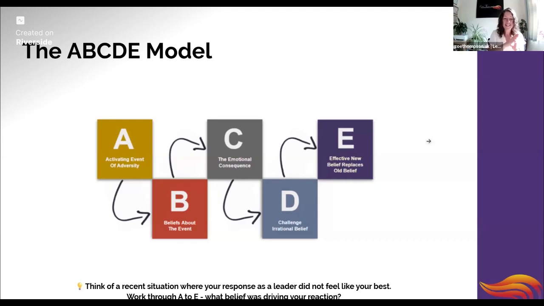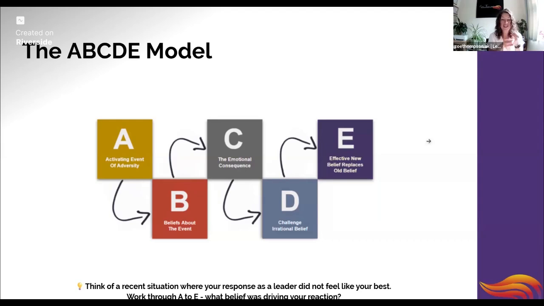You may need to rewind and watch this bit back again. We'll add in an additional workshop for those who want to explore this further. It may help you to think of a recent situation where your response as a leader didn't quite feel like your best. Work through A to E. What was the event? What was the belief? What did the belief make you think, make you feel, and make you respond in terms of your behavior?